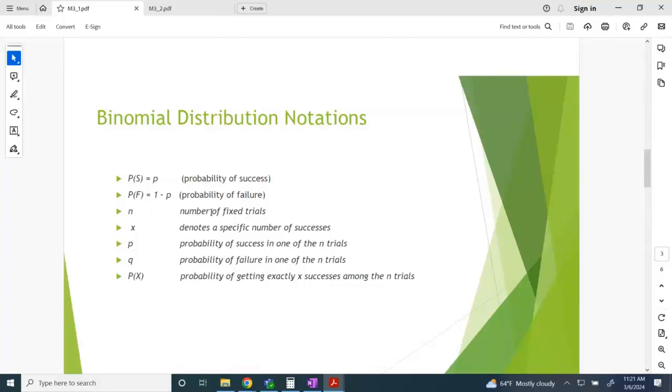And we're going to see examples where these things are showing up. X is going to be the number of successes. Okay, here again, P is the probability of success in N trials, Q is the probability of failure, and P of X is the probability of getting X successes. So these are the notations that we're going to use going forward as far as the binomial distribution is concerned.